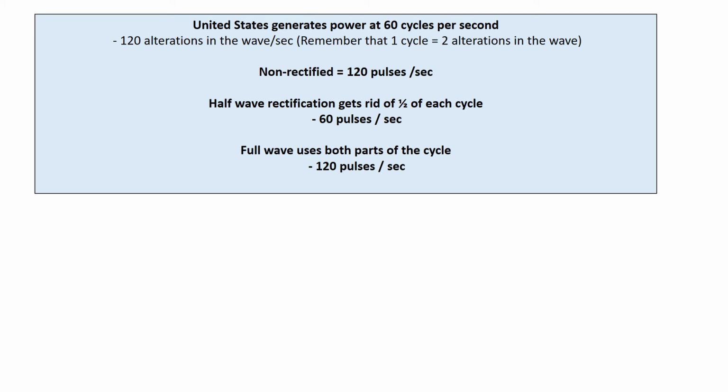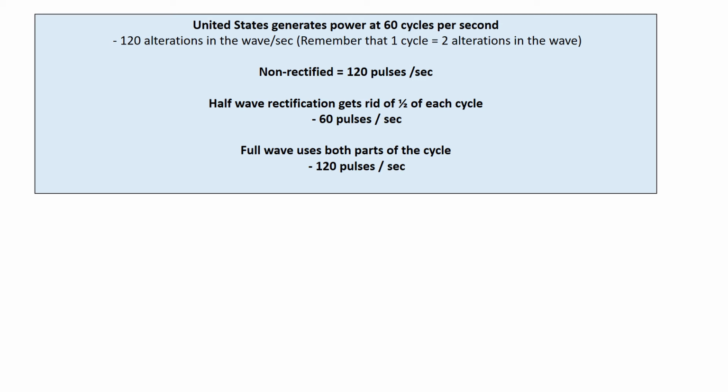With non-rectified, we get that 120 pulses per second. If we half-wave rectified, what did we do? We got rid of half of each of the cycles. So now we only have 60 pulses per second. And with full-wave, what did we do?